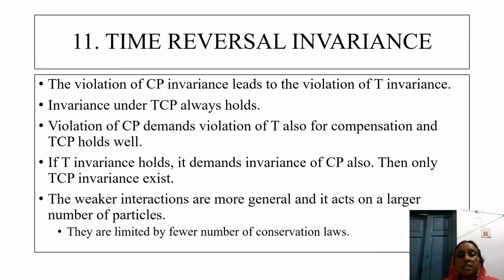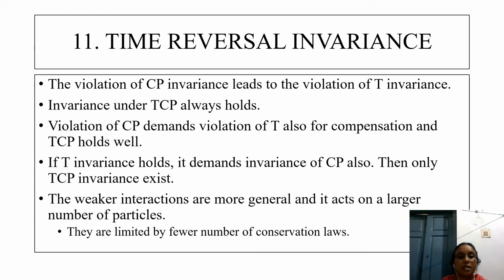Now, what about time reversal invariance? The violation of CP invariance leads to the violation of T invariance, because we already found that invariance under TCP always holds. The combined operation of time reversal, charge conjugation and parity always holds.